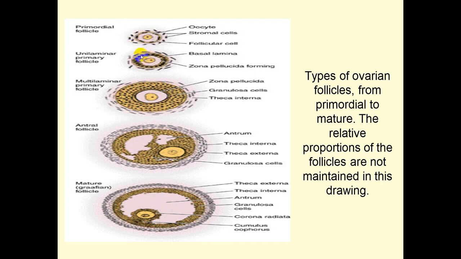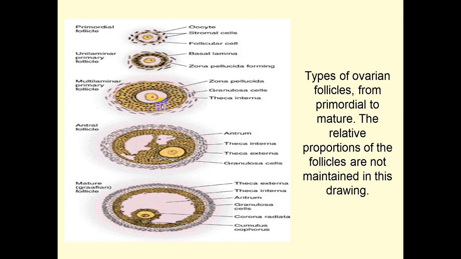You have to understand that the primary follicle usually has only one layer of follicular cells which rest on the basal lamina. Here the zona pellucida starts to develop, then the multi-layered primary follicle. Usually we call it the secondary follicle.